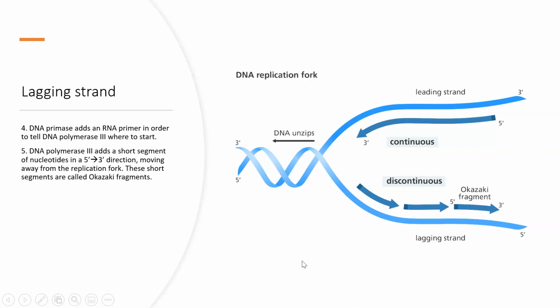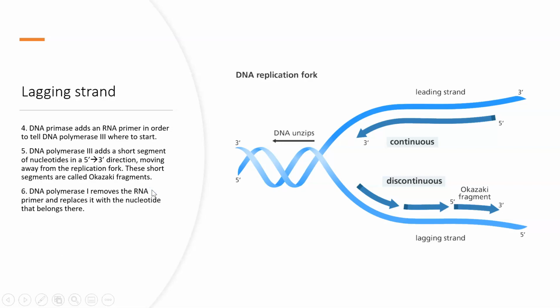So then the polymerase adds short sections of nucleotides in a 5' to 3' direction, moving away from the replication fork. Whereas on the leading strand it was moving towards the fork, in the lagging strand it's moving away from the fork. But what it's doing is adding sections at a time. And these short segments are called our Okazaki fragments.